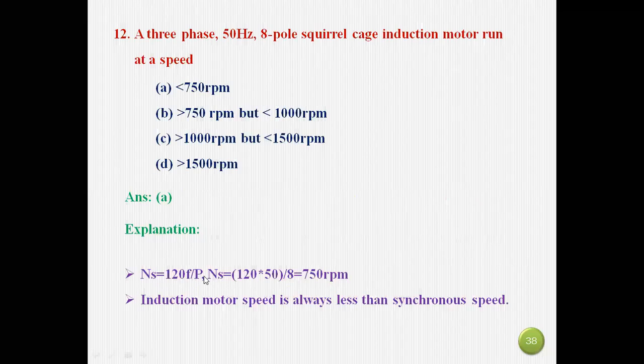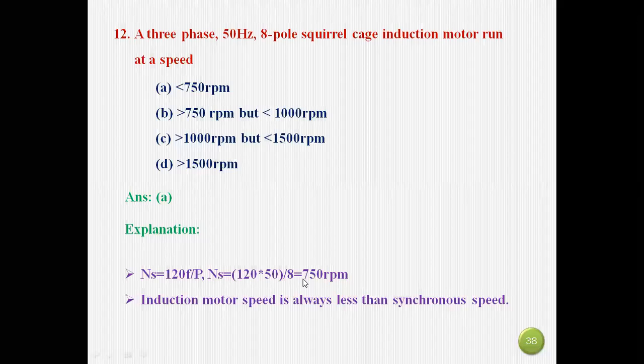Directly you can calculate that. You will get 750. So you can say that value will always be less than. If there is a less than or equal to, that answer was wrong, because we are supposed to find the speed of the induction motor, not the synchronous speed. And synchronous speed is 750.